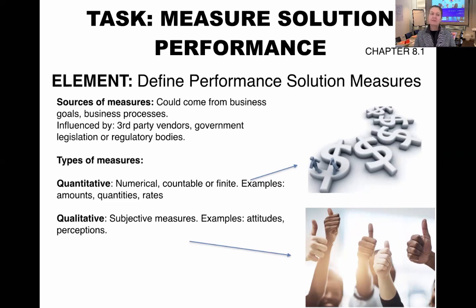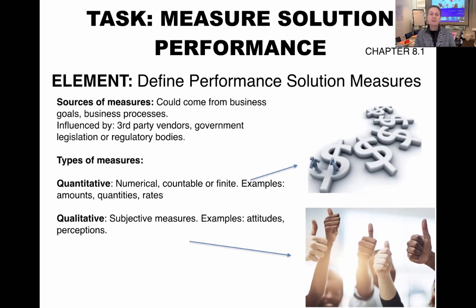Okay, so let's now first look at the first element, define solution performance measures. There are a few different sources where you can go to start this process off, to try and find some of the more relevant and specific performance measures that will add value.